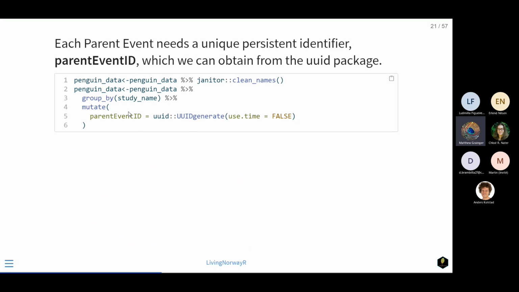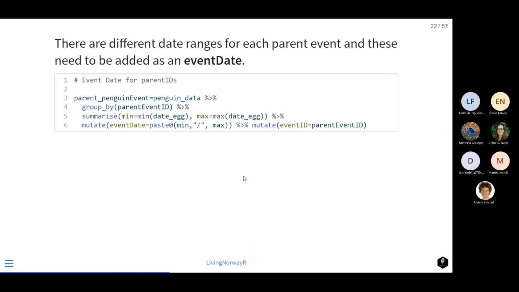For the penguin data, we can have a column called parent ID, and it generates an ID for each one. And then we can add each date in as an event date. In the penguins data, it isn't very clear what the events are, but they have these egg laying dates, so I've used those as a proxy for the event date.